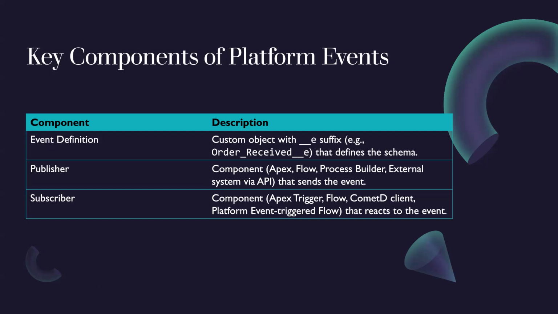Then you have your publisher, so you can publish your events through Apex, Flows, Process Builder, or external systems via APIs. And the last one is subscriber. Again, you can subscribe to your event using Apex Trigger, Flow, or CometD client, right? CometD client is nothing but the streaming API.